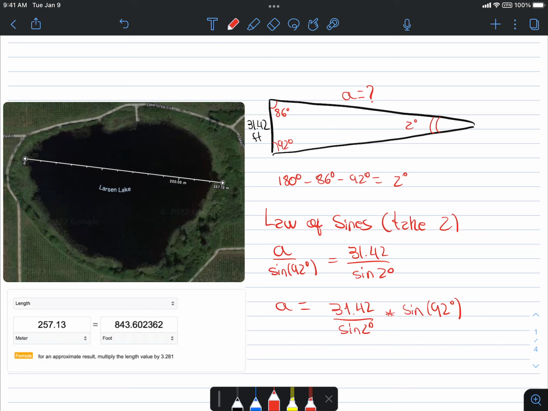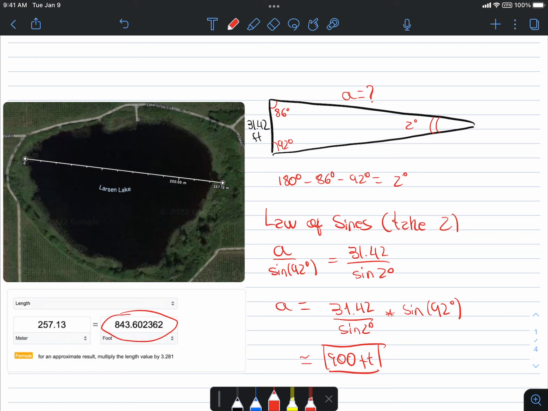And on my calculator, this will be 31.42 times the sine of 92 degrees divided by the sine of 2 degrees. And that will be about 900 feet, which is a much better approximation to the distance calculated by Google Maps.